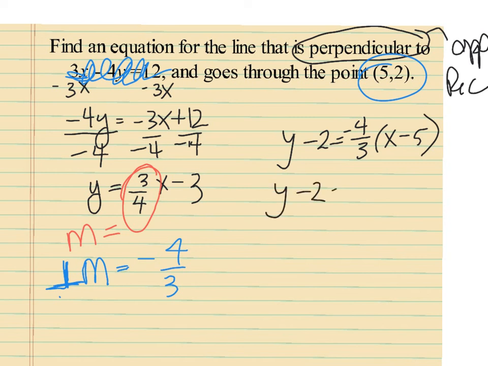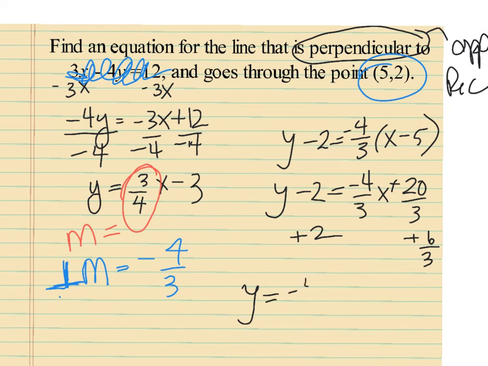Ooh, these fractions are going to be a little trickier. Plus 20/3. And I'm going to add 2 to both sides. And when I add it over here, I'm going to change it into thirds. So I'm going to make it 6/3. So I get negative 4/3 x plus 26/3.